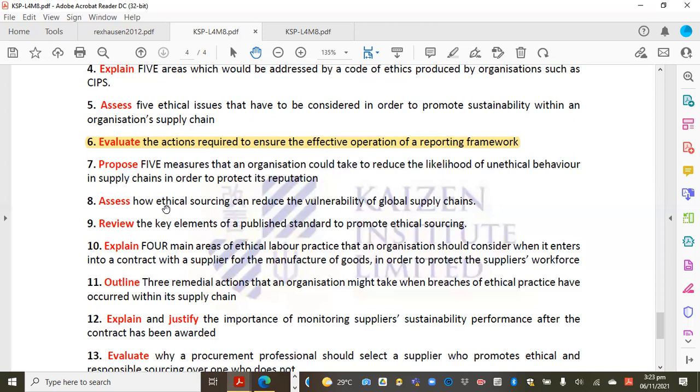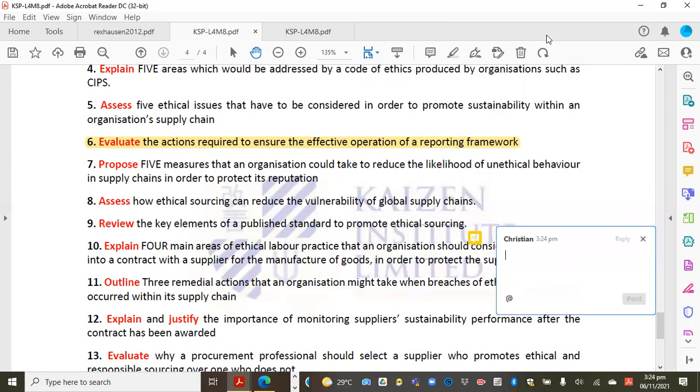So review the key elements of a published standard to promote ethical sourcing. So a published standard to promote ethical sourcing. Here, just take Ethical Trade Initiative, ETI. Ethical Trade Initiative standard. Let's mention some of them.